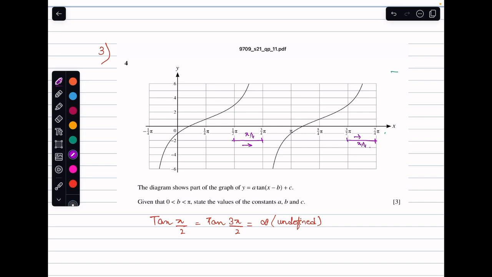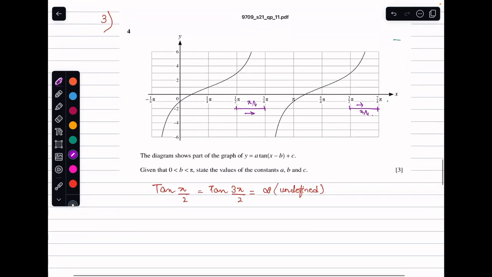So the value of b from this graph is very obvious, and I know here that the b value shall be pi by 4. Next is to get the value of a and the value of c. So again, we have to analyze the graph. If we analyze the graph here, we know that the tan graph has a period of 180 degrees and it covers two quadrants only.